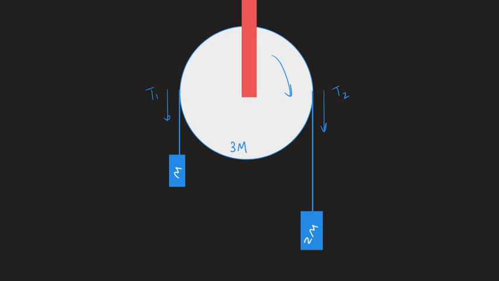The only way this turns is if the net torque isn't zero. If the two tensions were the same, the net torque would be zero. I'm giving you an answer to a test question. You guys don't see it that way, I know. You think this is obvious. It is not obvious.